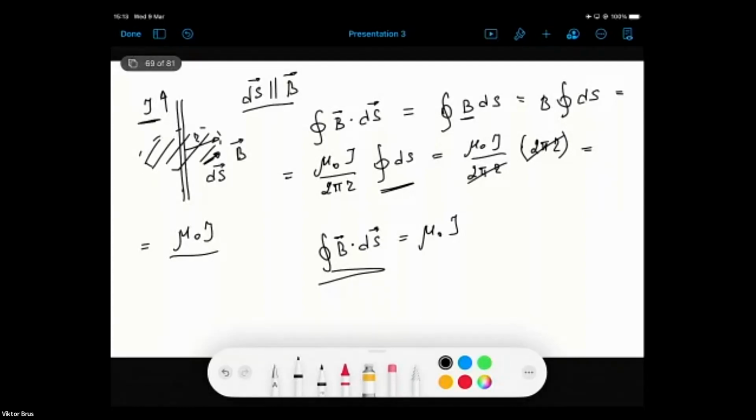That is similar, if you recall, to when we discussed Gauss law for electricity. We found that the flux of electric field through some closed surface is defined by the magnitude of electric charge which is enclosed in this surface. So if there is no charge, there will be zero flux.